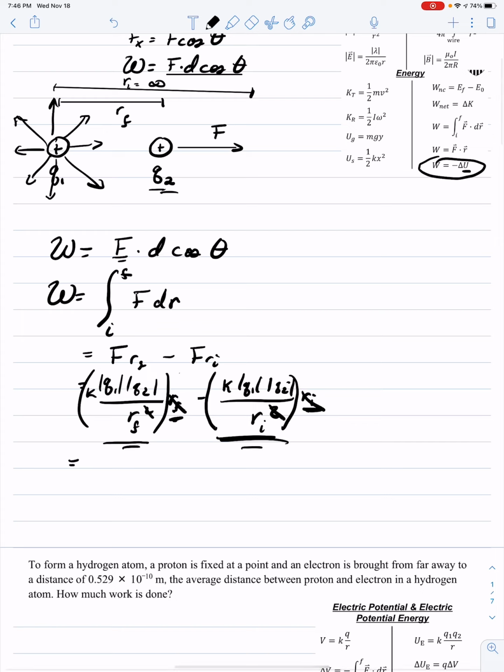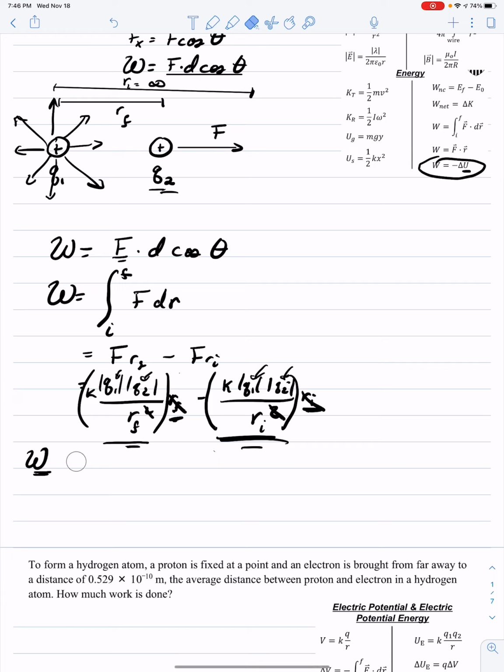And we're left with U final minus U initial, and that would equal work. Now, notice that these are absolute values. So that's why when it comes to the negative sign, you don't have to worry about that. However, I'm just showing you the relationship between work and the change in potential energy.